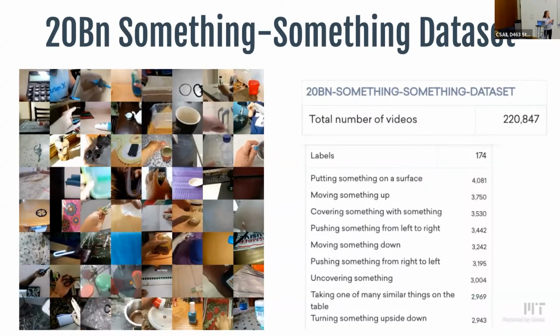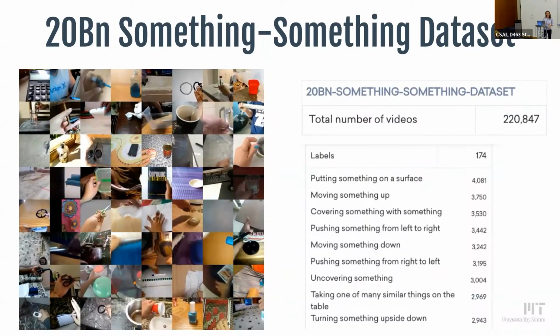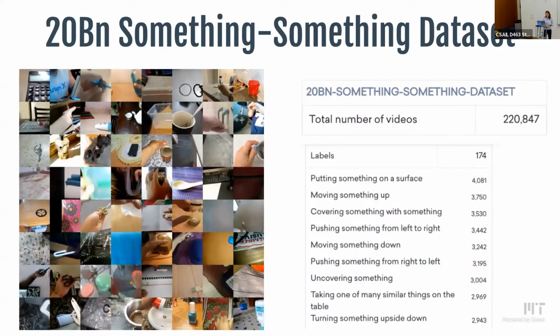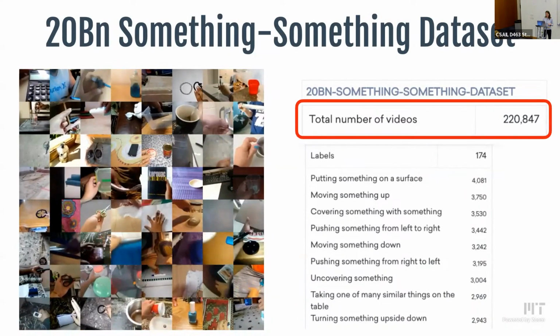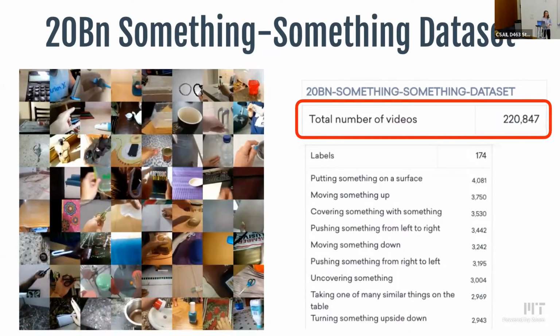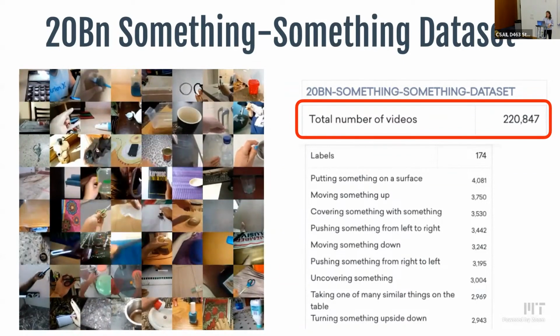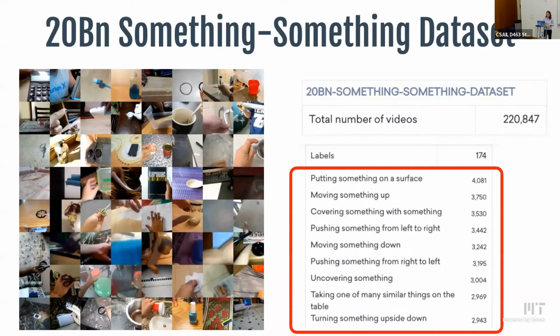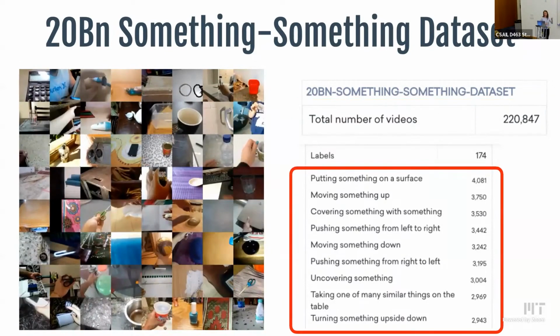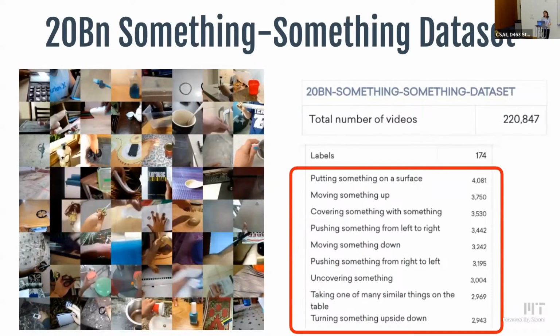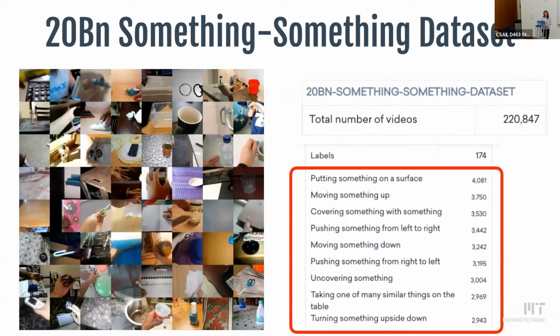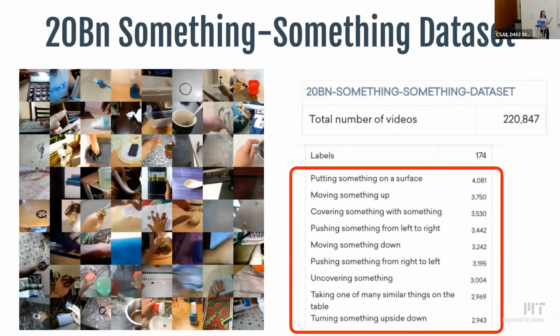We use, again, this 20 billion something something data set for the visual demonstrations. It contains 200K video clips with 174 different action classes, and each video clip is annotated with task descriptions, such as putting something on the surface, moving something up, and so on. So this is what we want to use for learning.